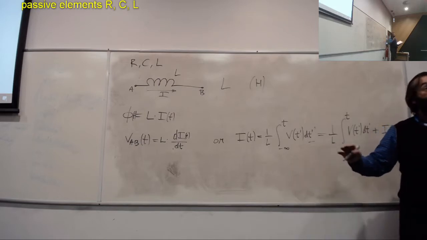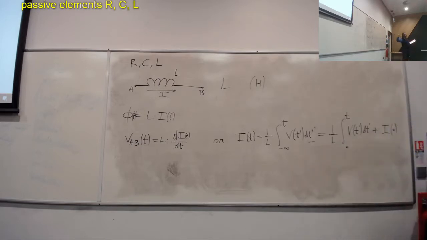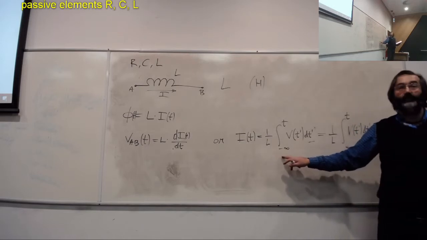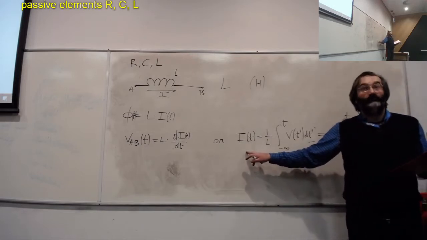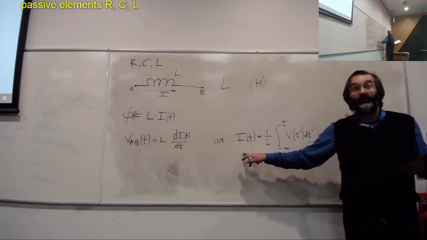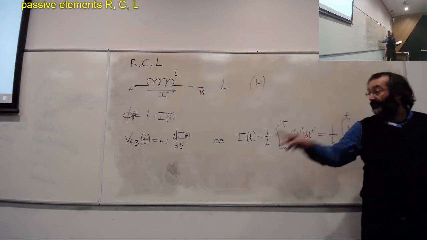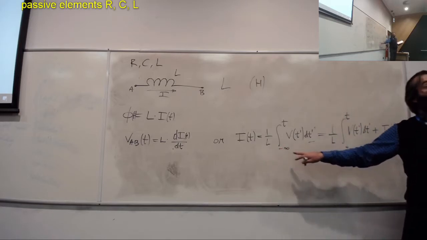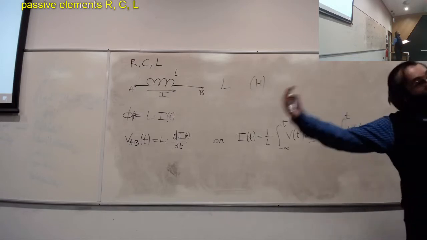So, as we did previously for the capacitor, we said the capacitor does not allow sudden changes of voltage. What can we say now for the inductor? It does not allow sudden changes in current, because what we are integrating now is the voltage. So the integral is always a smoother function.